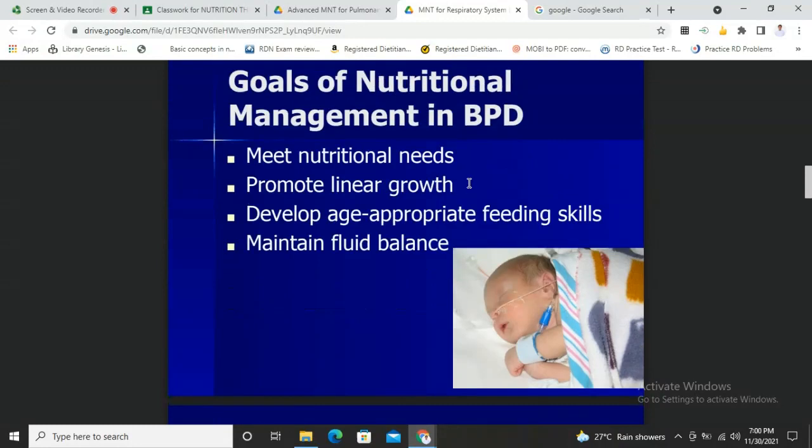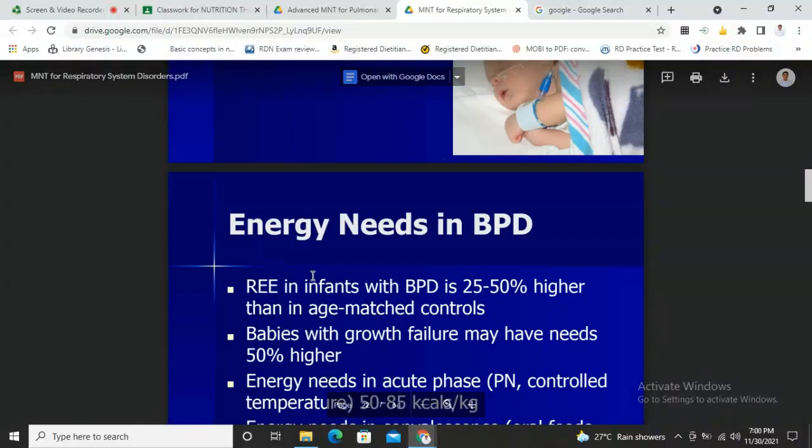Okay, so what are our goals in BPD, no? Okay, meet nutritional needs through several means, no? Yeah, promote linear growth, develop age-appropriate feeding skills, and maintain fluid balance.